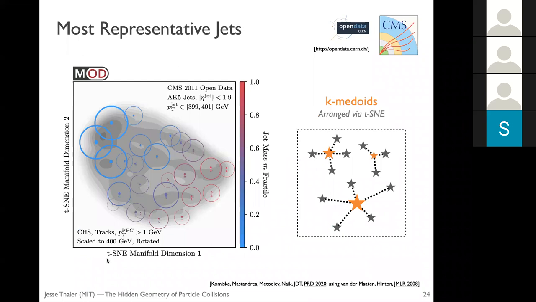This is again this t-SNE idea, where the distance in this space is as close as you can do to the distances in the original space, given the limitations of projecting down to 2D. Then I'm making a density plot in that space, and that gives me the gray blob. I probably should have made an overlay without these 25 circles on it, but just imagine this gray blob by itself. That is the density of jets in this abstract space as projected down to 2D.